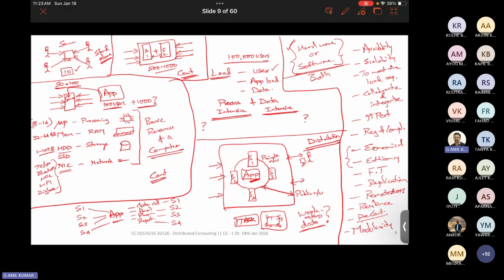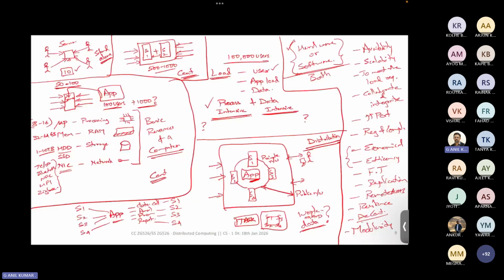So when I say it's a process intensive application, and I'm working with something that has to do with the processing part, which means my microprocessor plus my RAM, that is my main memory, this subject I call distributed computing.